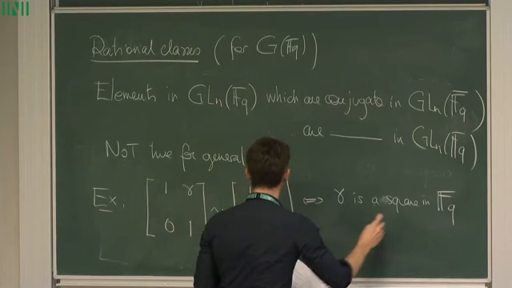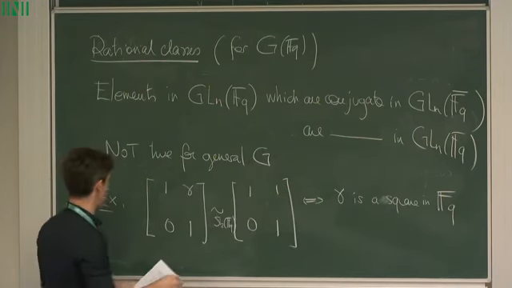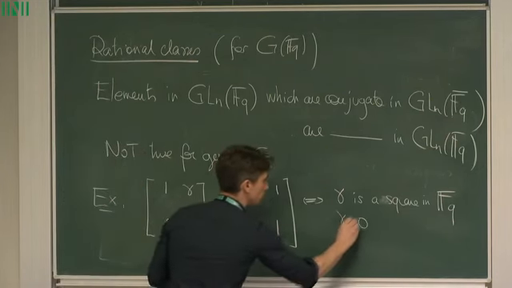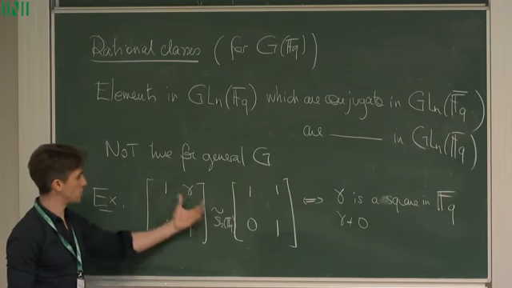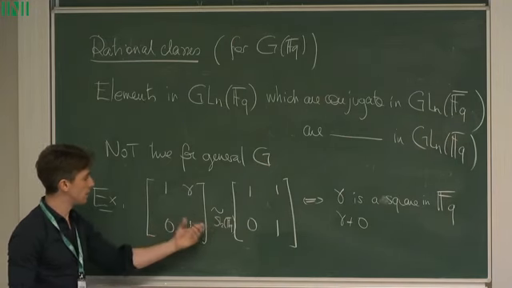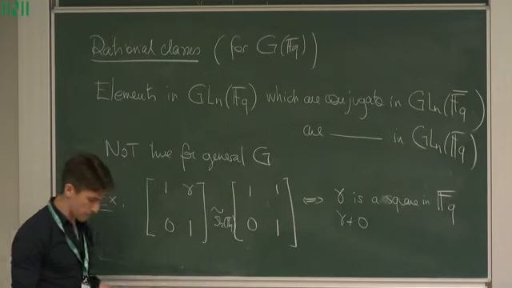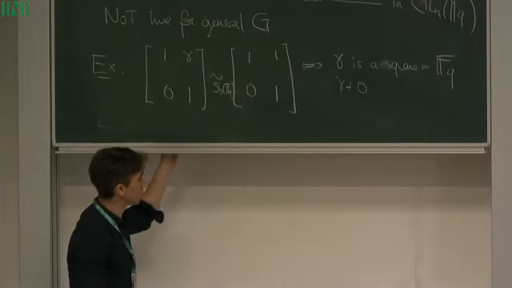So for gamma non-zero, you get two conjugacy classes for the rational group SL2, but they are conjugate in SL2 over FQ bar. So this is something that can happen in SL2 and not in GL2. Okay, so where does it come from?